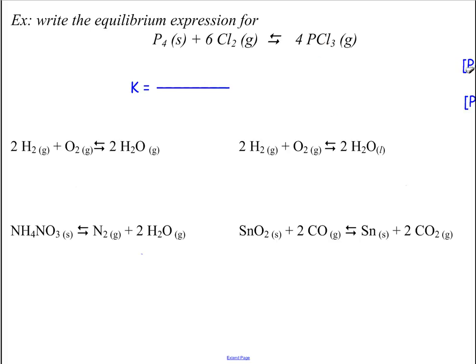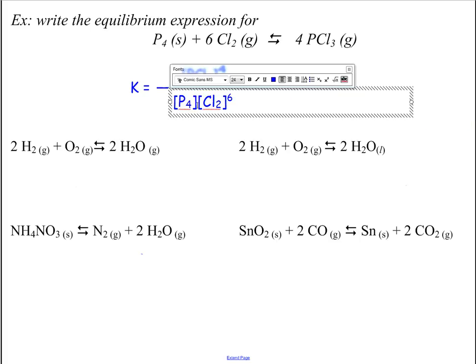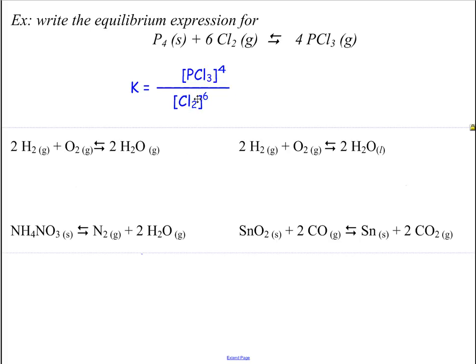It is the ratio of products to the power of the coefficient over reactants, except that would be wrong, because we don't include solids. So it is PCl3 to the 4th power over Cl2 to the 6th power.